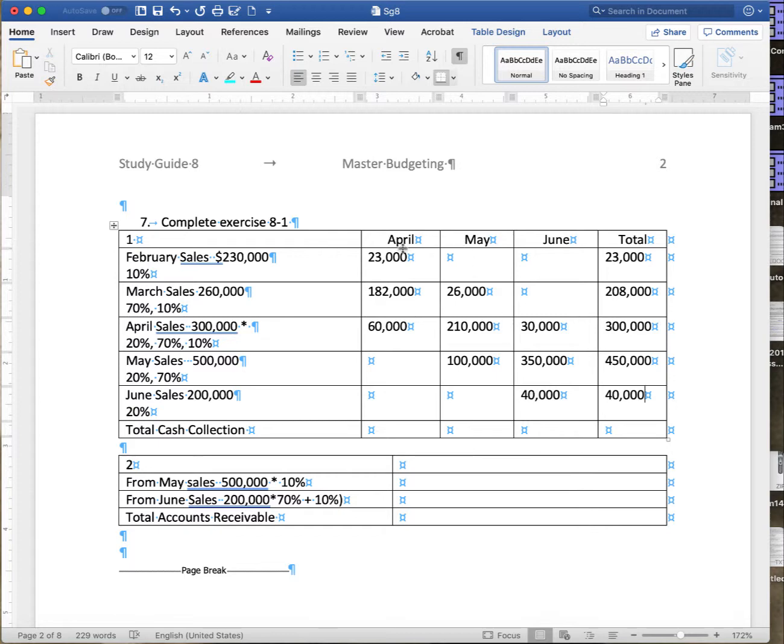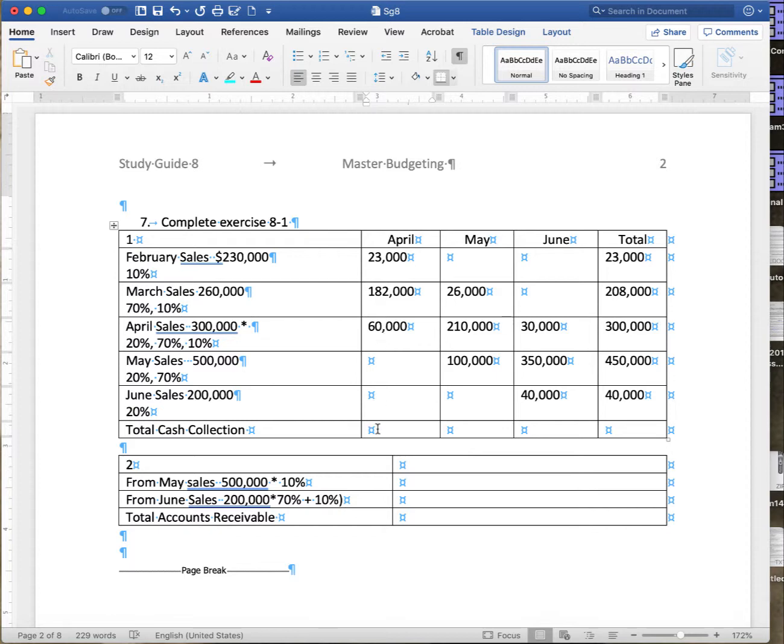So we now can calculate all the cash that we collect in April, all the cash we collect in May, all the cash we collect in June. All we got to do is just add up the totals, right? April, 23,000. From February, March, 182,000. From April, 20%, which ends up being 60,000.